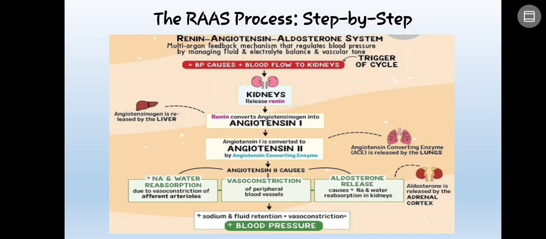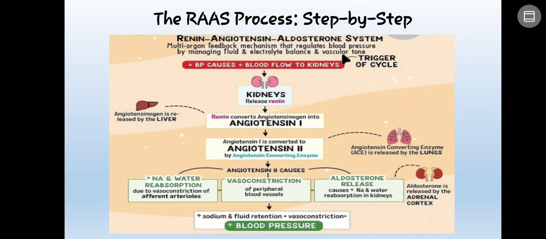Now these macula densa cells are actually part of what we call the juxtaglomerular apparatus. This juxtaglomerular apparatus is actually the entire set of mechanisms that comes together to trigger the renin-angiotensin-aldosterone system.